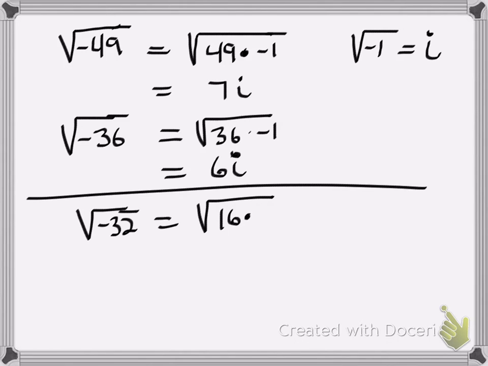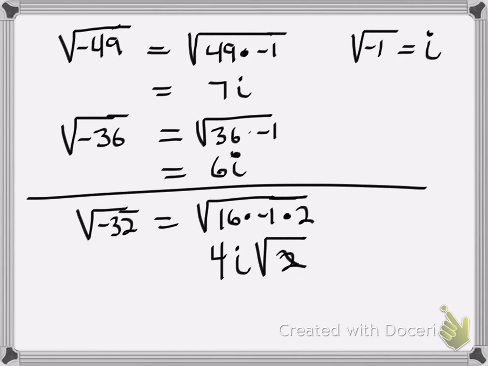The square root of 16 is 4, so it's 4i, and then I've got radical 2. Are you guys clear on that? 4i, radical 2. So we put number, variable, then radicals.